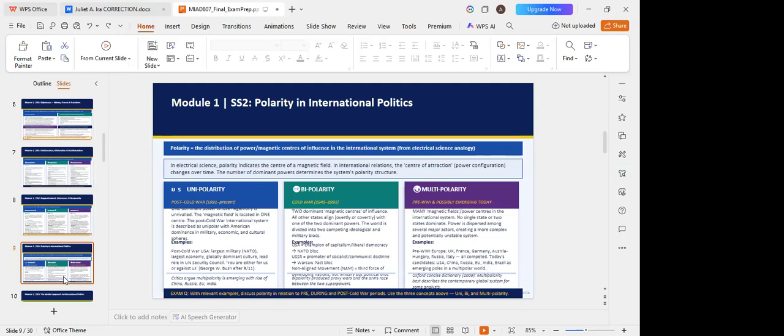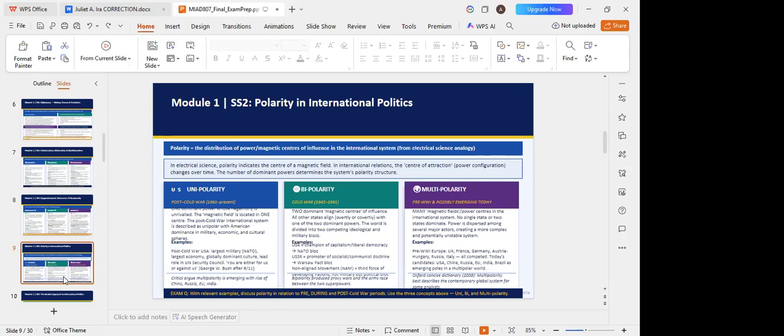I want to ask, what is the relationship between polarity and hegemony? Are they the same concept? Are they different? Thank you very much for the question. So unipolarity is a system where hegemony is present. Understand?